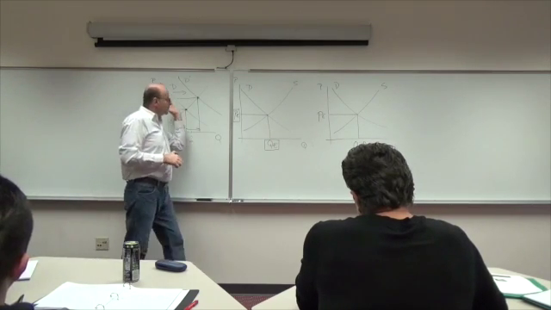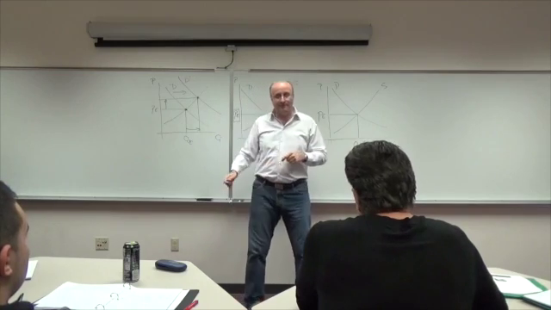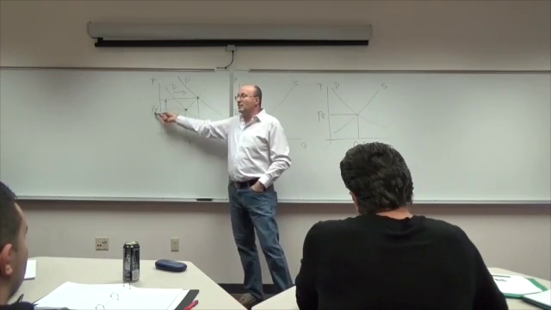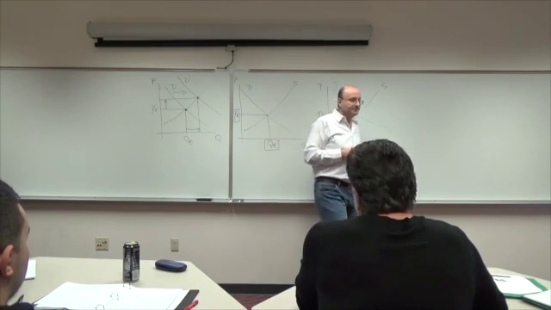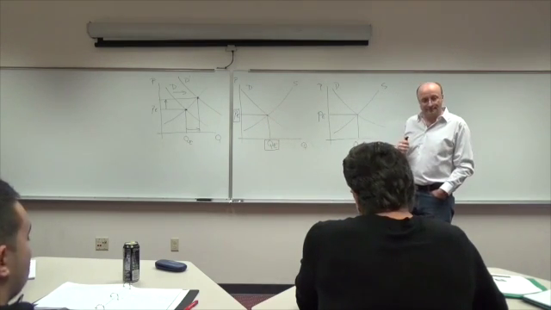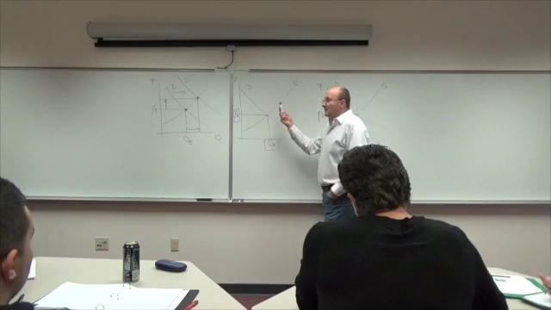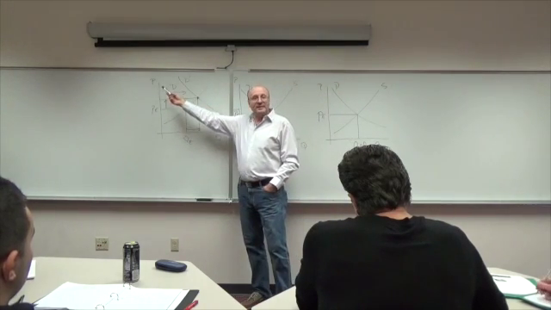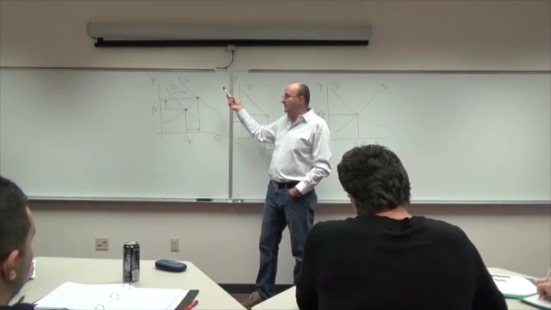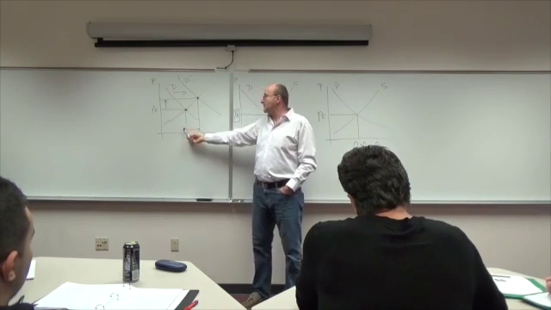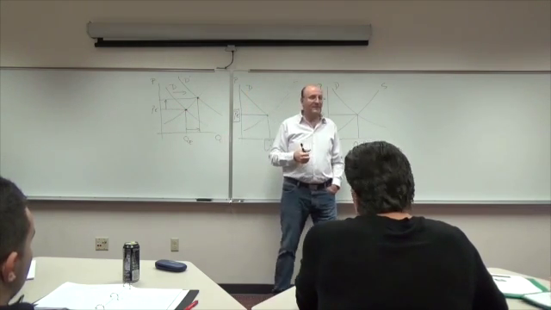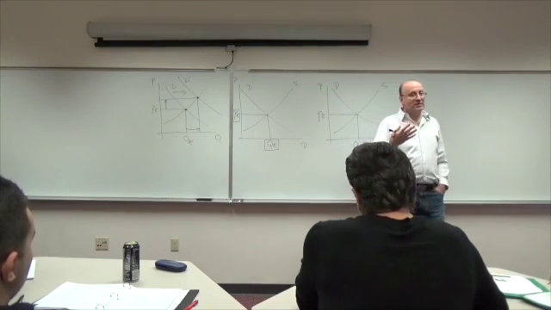When demand for a good shifts to the right, equilibrium price increases, equilibrium quantity increases. In this particular example, when demand shifts to the right, equilibrium price rises and equilibrium quantity increases. That's the answer to the question.